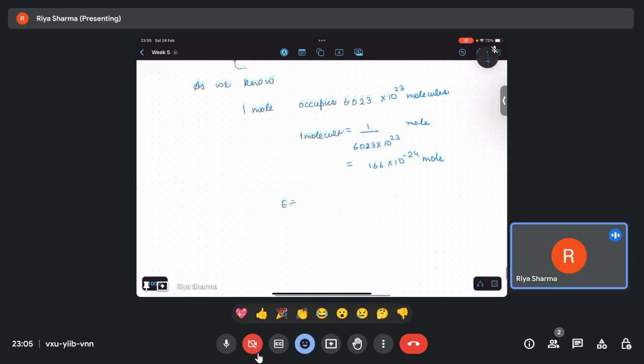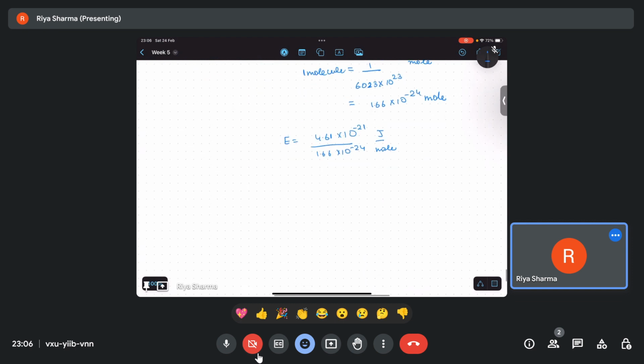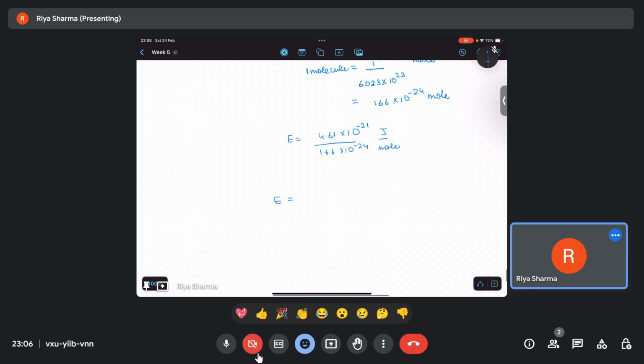So this was this. So E will be equal to 4.6 into 10 raised to power minus 21 divided by 1.66 into 10 raised to power minus 24 joule per mole. So answer will be 277 joule per mole.